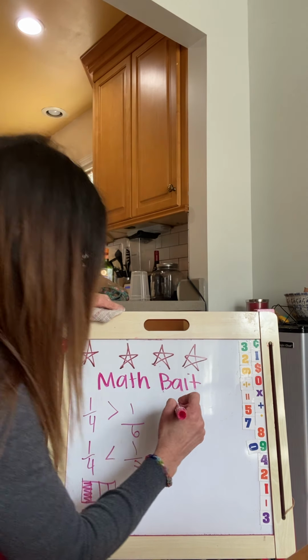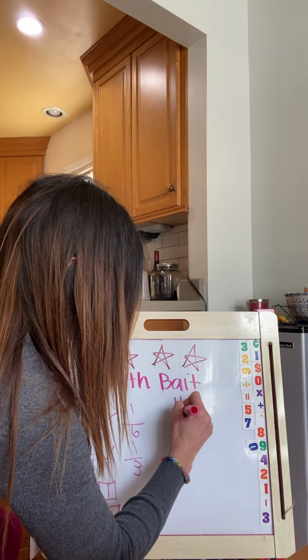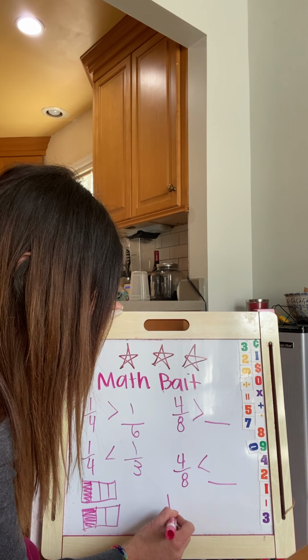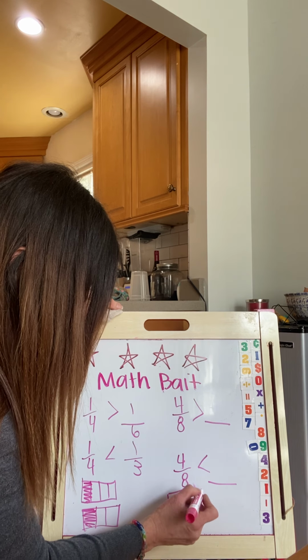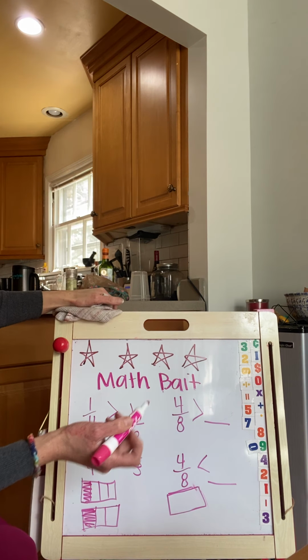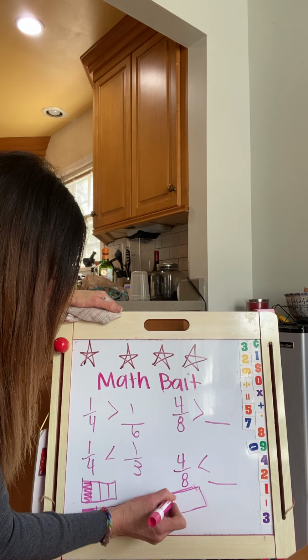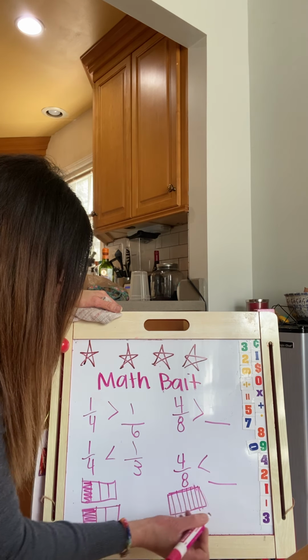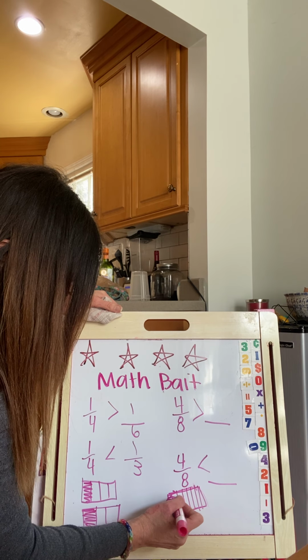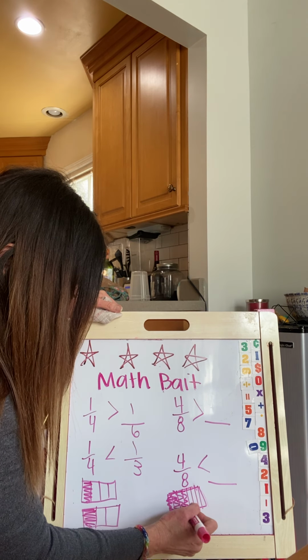Okay? And then let's do the same thing with 4/8. Okay? So I want something to be smaller than 4/8 and something to be greater than 4/8. So if I have 4/8 here and I want my 4/8 to be the bigger, I have to have 8 pieces, so I need 7 marks. 1, 2, 3, 4, 5, 6, 7, and this is 4. 1, 2, 3, 4.